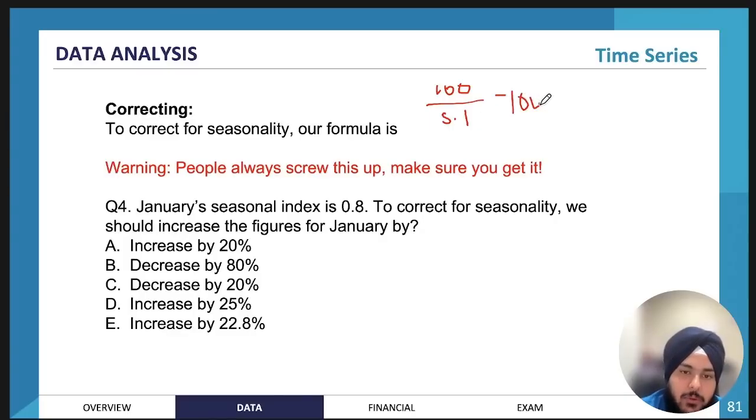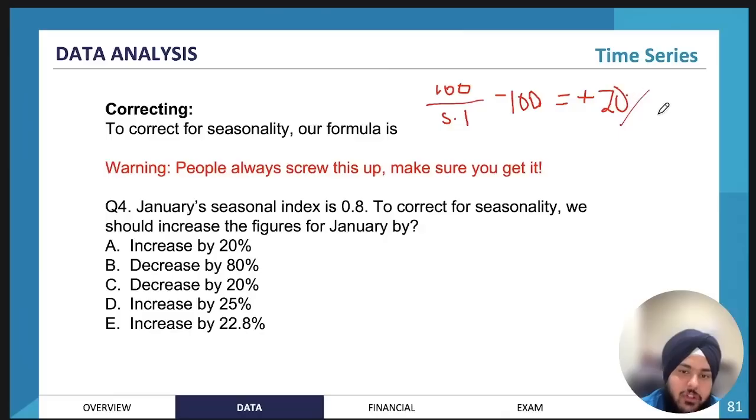That gives you the value you need to adjust by. So let's say we get positive 20. That would mean the value needs to be increased by 20%.